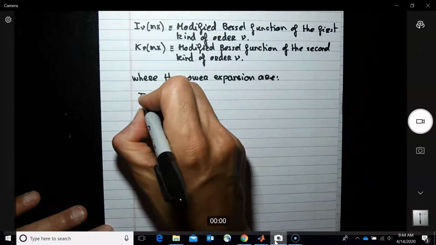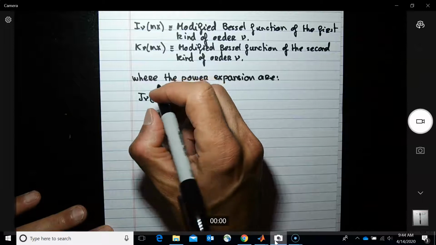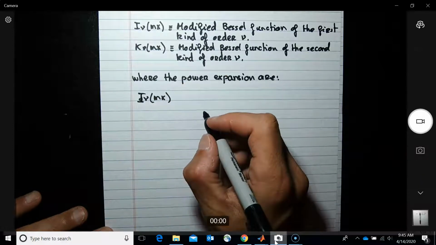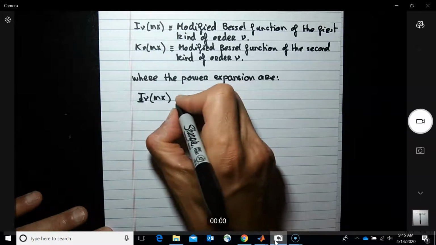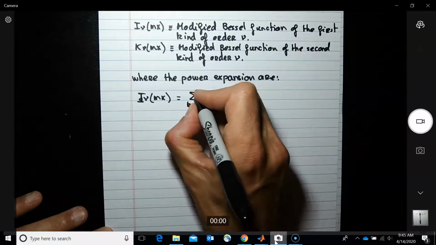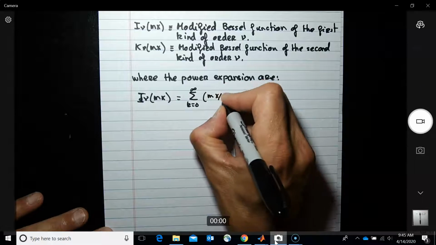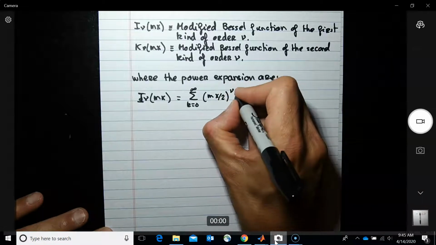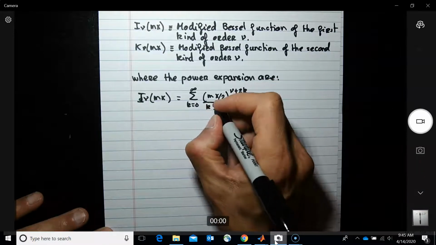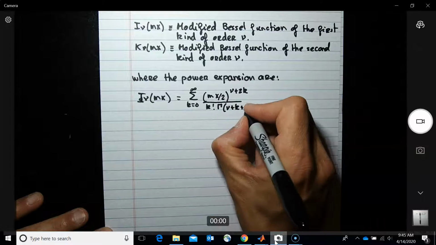I of mu of mx will be the summation from k equal to 0 to infinity of (mx over 2) to the power mu plus 2k, divided by k factorial times gamma function of mu plus k plus 1.